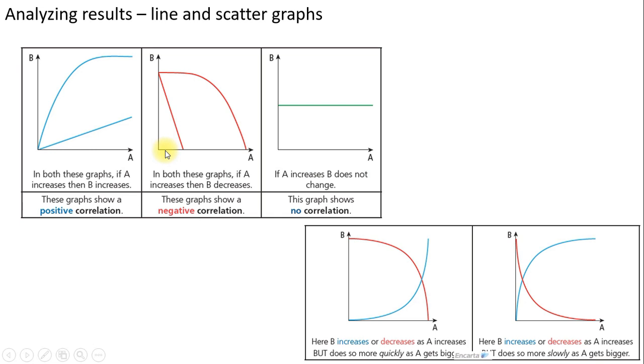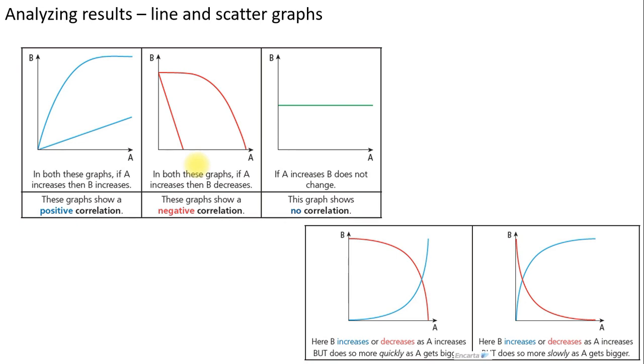I take another point and notice that A is smaller at this point, but B is bigger at this point. It means that as A is increasing, B decreases, or vice versa. So this shows that there is a negative correlation between the two variables.